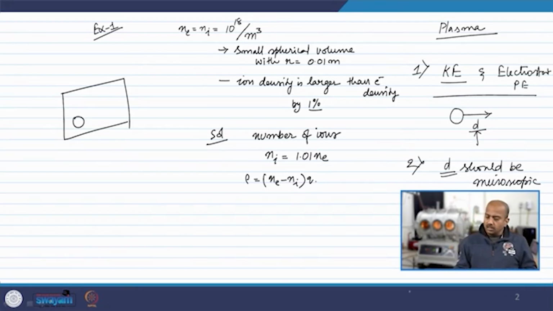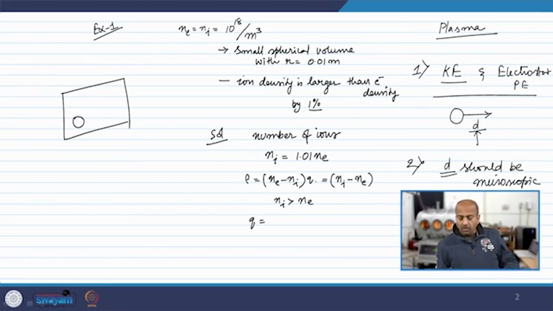But in our case, the number of ions is greater than the number of electrons. So, the total charge density has to be written as Ni minus Ne, the number of particles per unit volume, multiplied by the individual particle charge. So, we will have charge per unit volume, right.